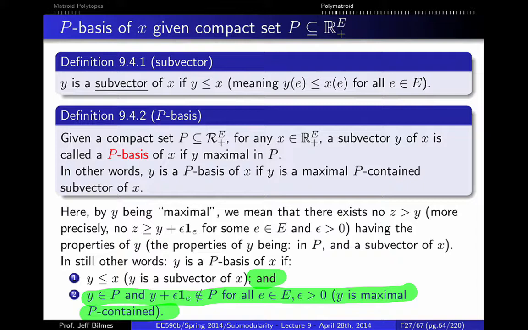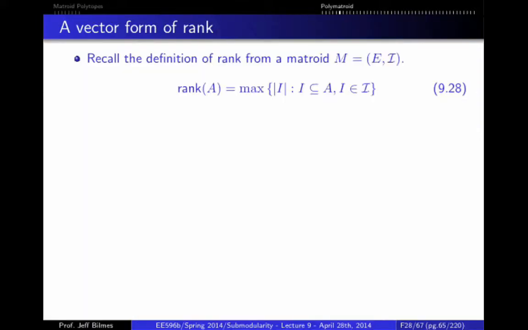So it's exactly analogous, except that in the matroid case, we're talking about sets and independence, the property being independence that we need to preserve to be a base. Here we're talking about vectors and subvectors, and the property that we need to preserve is being a member of that set P. So P, that polytope, becomes analogous to the set of independent vectors in a matroid. Except that in this particular case, now we've got countably infinitely many of them.